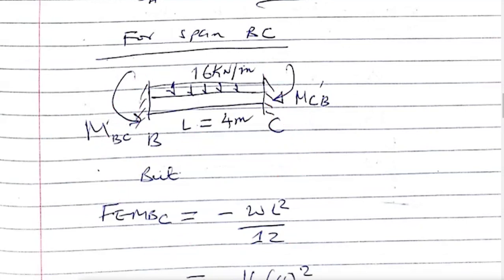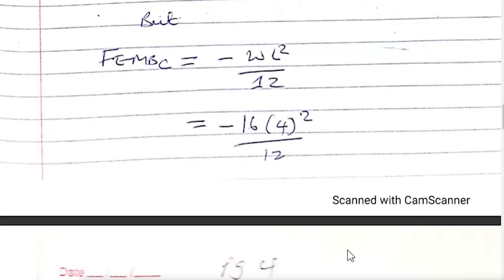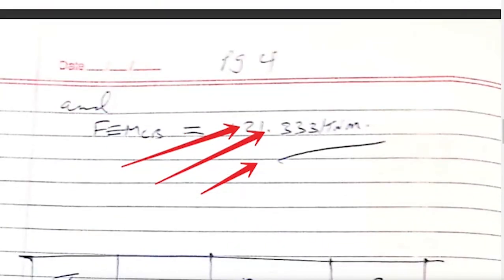Now upon entering the values, once you substitute the value of W, which is 16 kilonewton per meter, and substitute the length, squared, and divided by 12, the value shall be calculated.